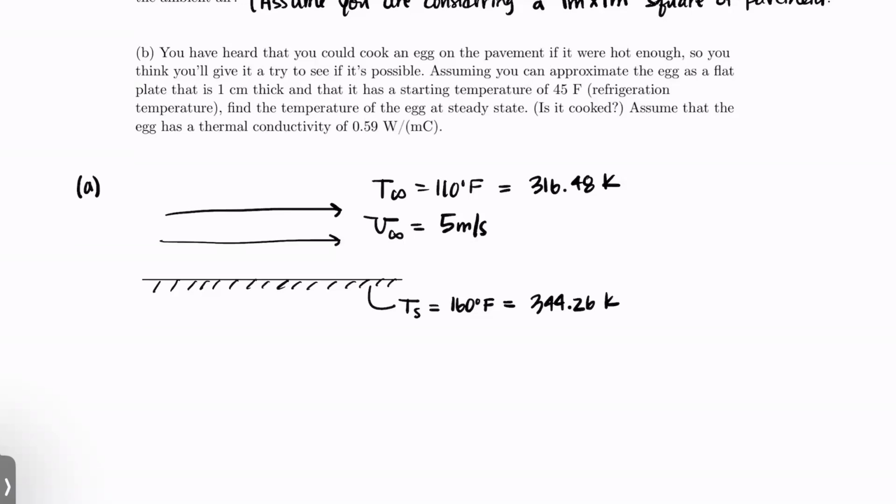Okay. So, first step is we want to figure out our geometry. What kind of geometry do we have, you guys? It's a flat plate. Yes, lovely. Alrighty. And the second thing we want to do is find our fluid properties at the film temperature.